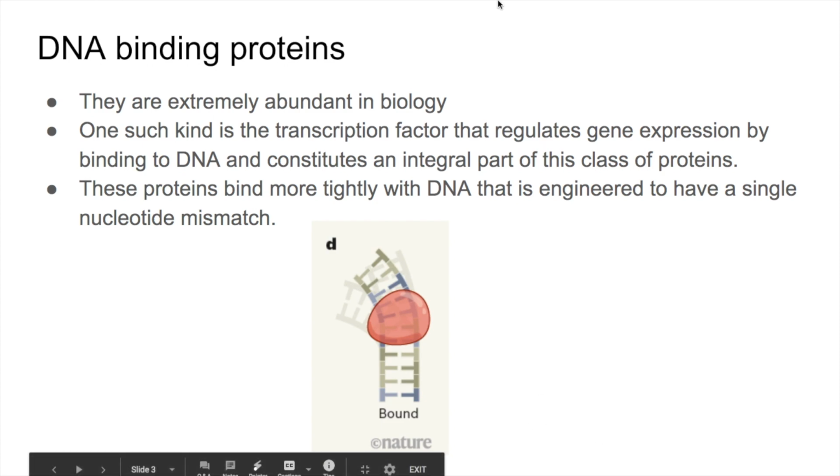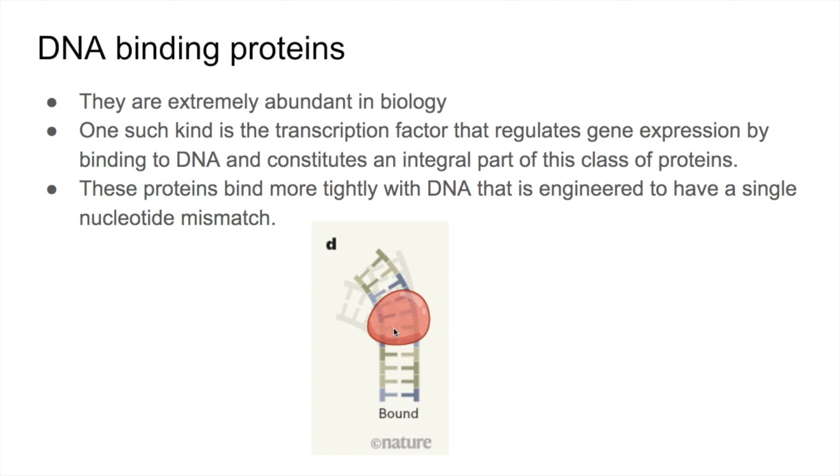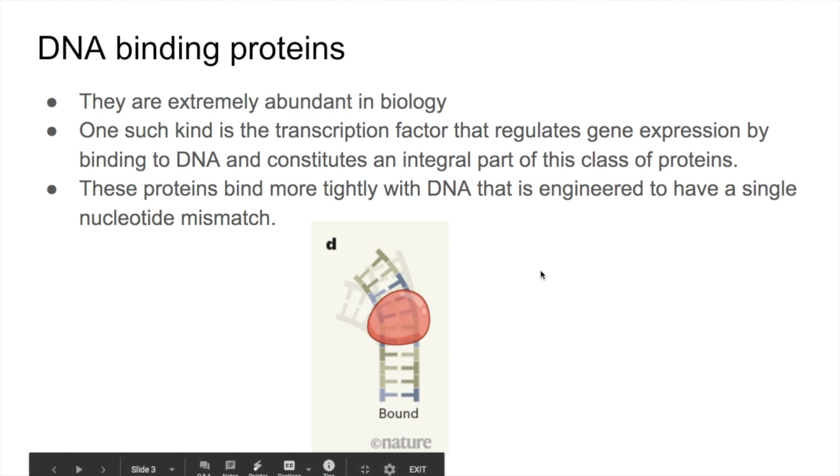So here, the distortion of the DNA leads to the protein fitting in with the DNA absolutely perfectly. It's like a jigsaw puzzle. So the protein and the DNA fit more perfectly after the DNA is distorted rather than the DNA not being distorted. And some examples of DNA binding proteins could include transcription factors that regulate gene expression.